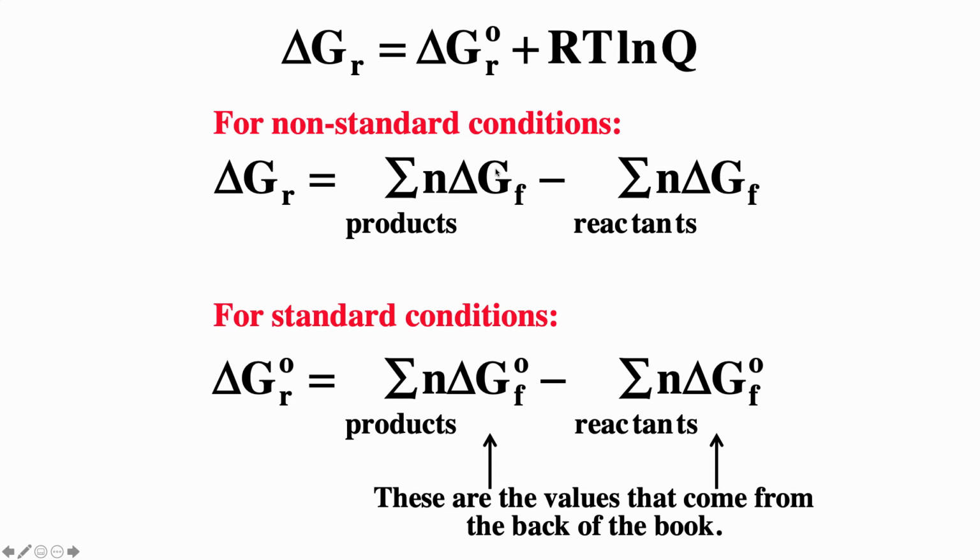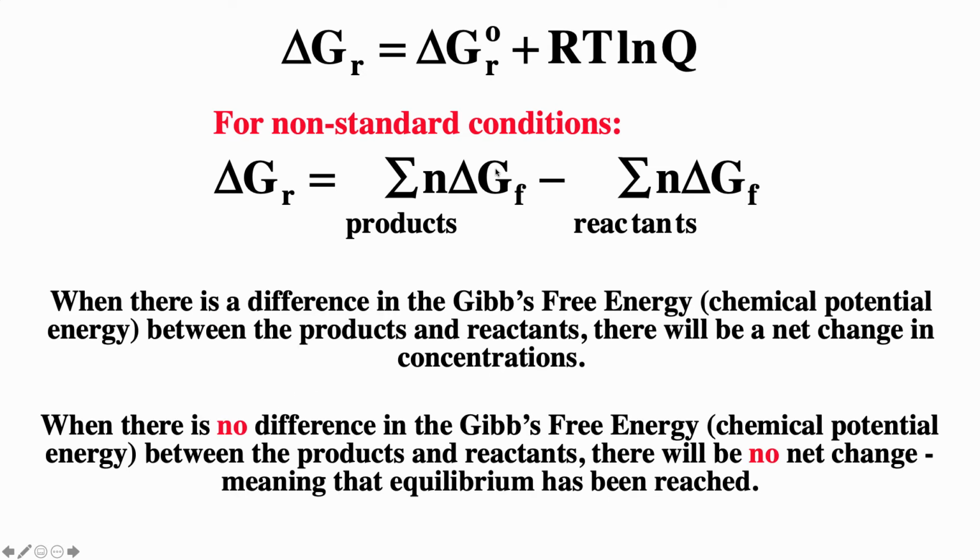Now, if we think about what this means, if the free energy of the products and reactants are the same, then delta G is equal to 0, and so the system is at equilibrium. If the products are higher in free energy, meaning they're less stable, then that would give us a positive delta G, and so the system will want to convert products into reactants until we get to equilibrium.